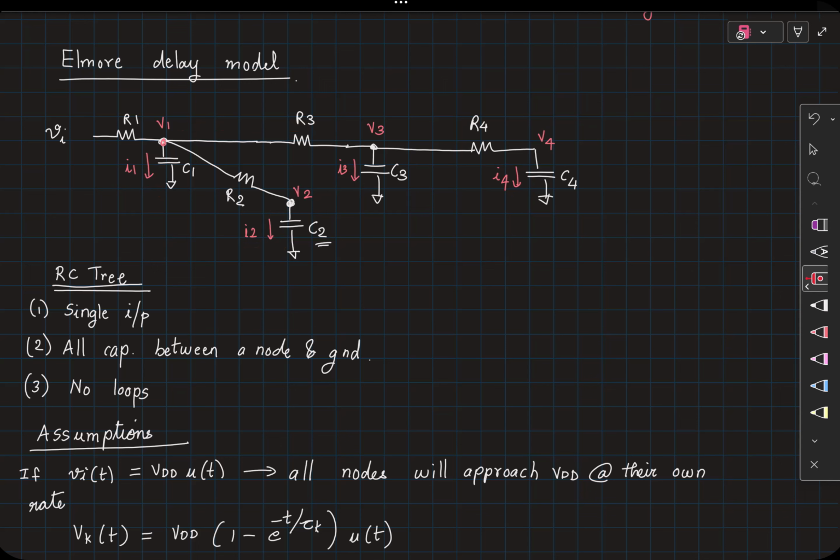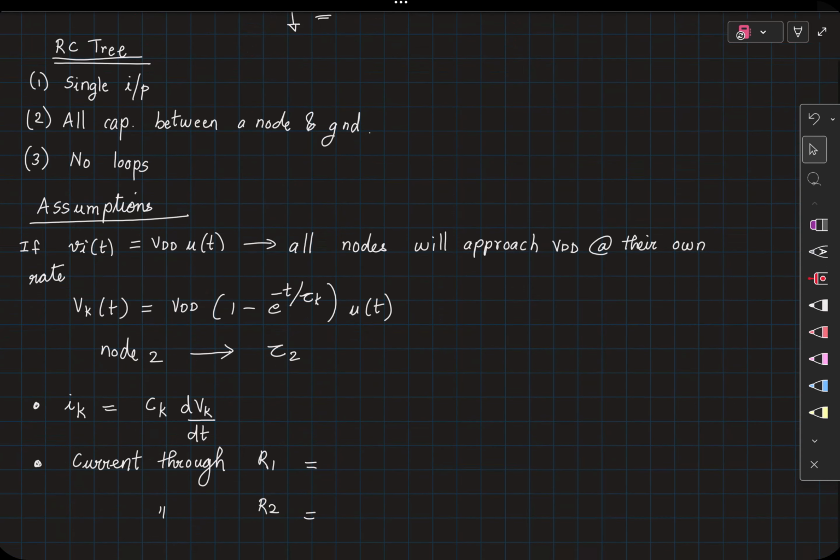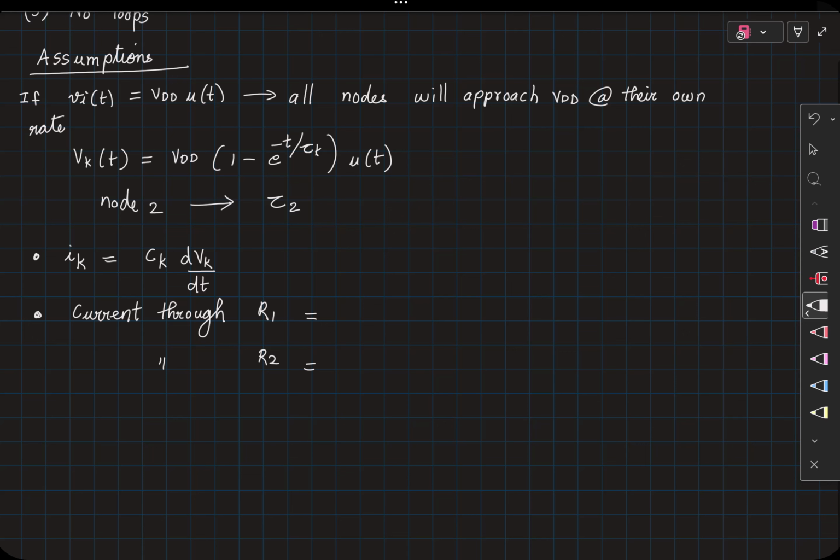Current through R2 is simply the current flowing through the capacitor C2, which is just I2. In other words, I can simply write the current through R1 as the summation of Ik, where k goes from 1 to 4. And current through R2 is simply I2.